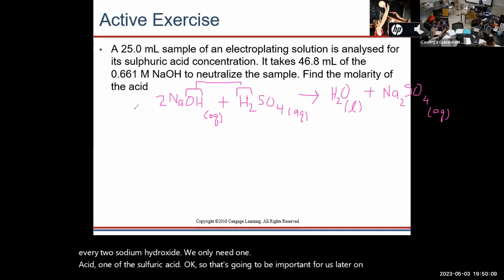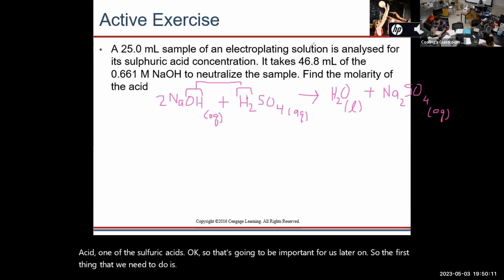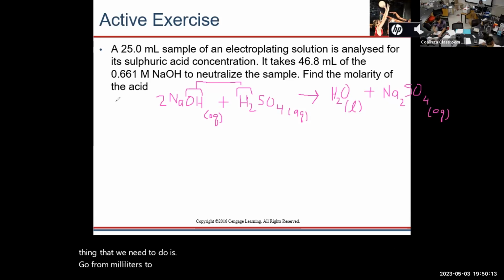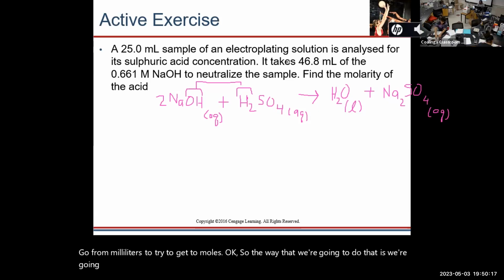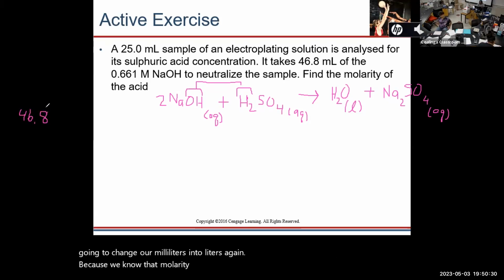So the first thing that we need to do is go from milliliters to try to get to moles. Okay, so the way that we're going to do that is we're going to change our milliliters into liters again, because we know that molarity is moles per liter.